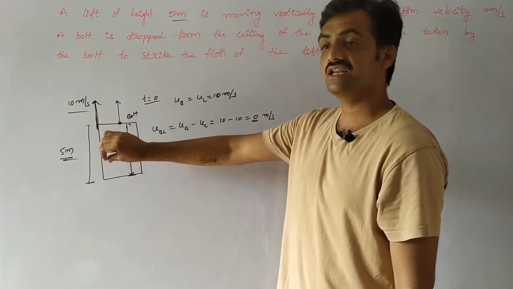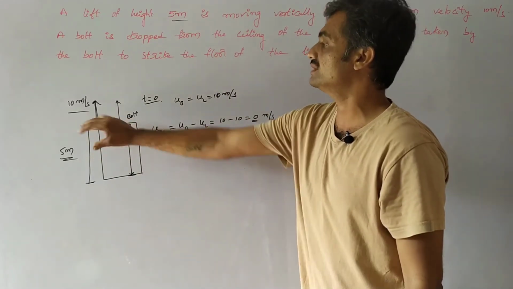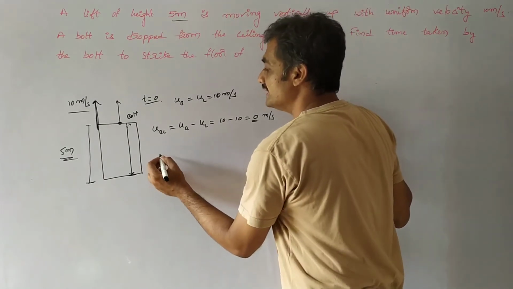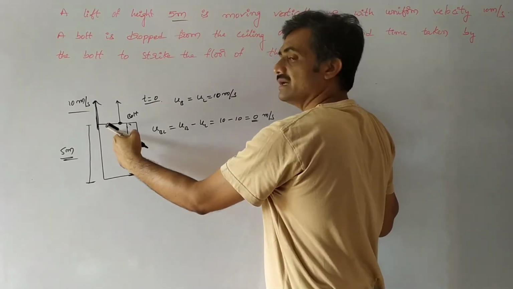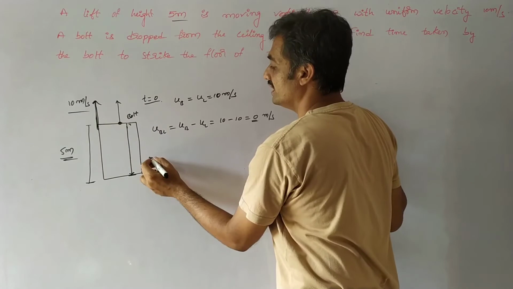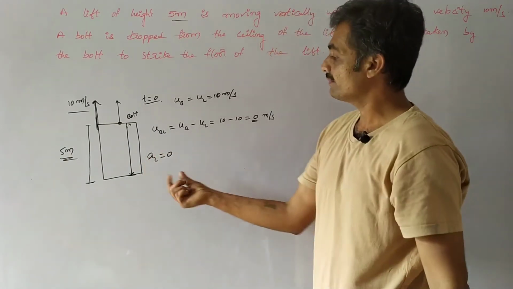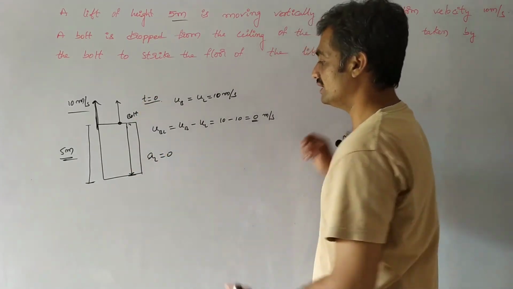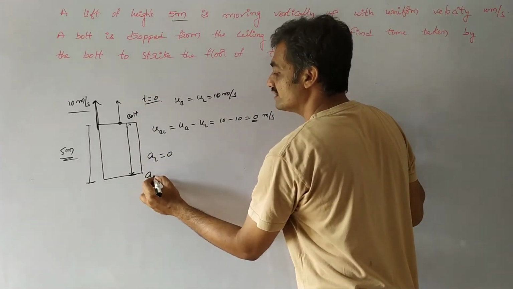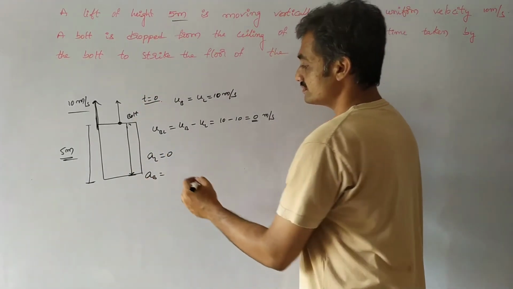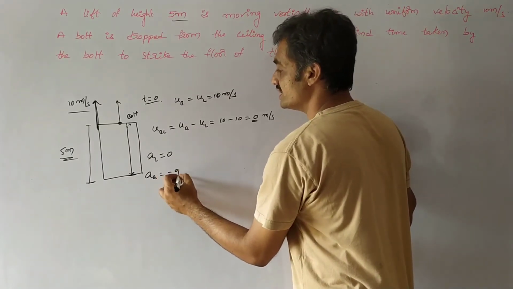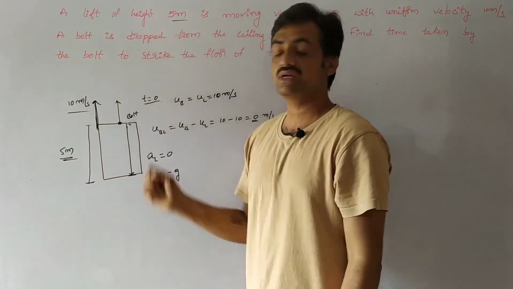We have to represent the relative acceleration of the bolt with respect to the lift. Observe that the lift is moving up with uniform velocity, so the acceleration of the lift is 0, because it is moving with uniform velocity, whereas the acceleration of the bolt is minus g. Why? Because the body is moving in the upward direction.